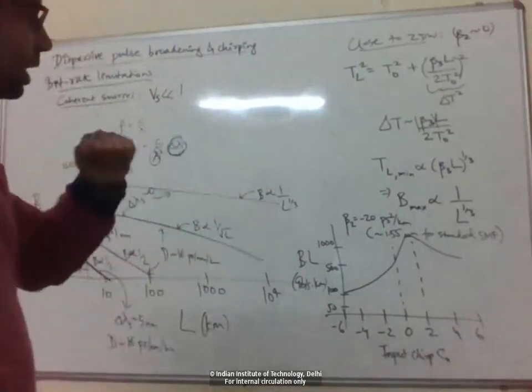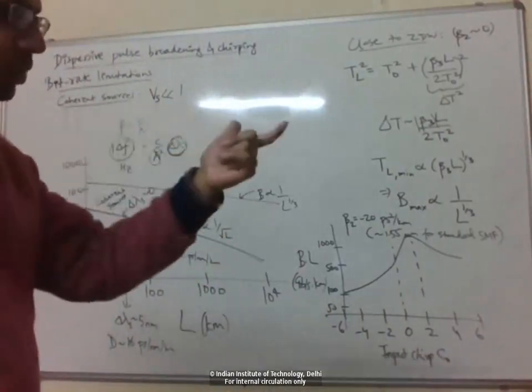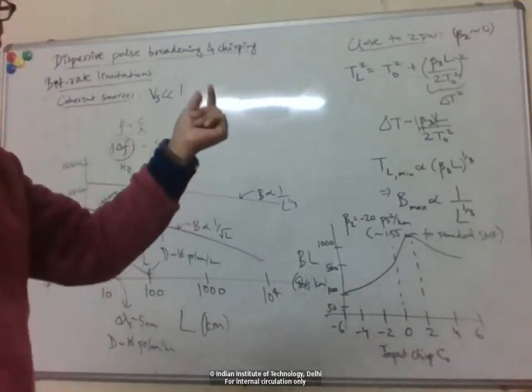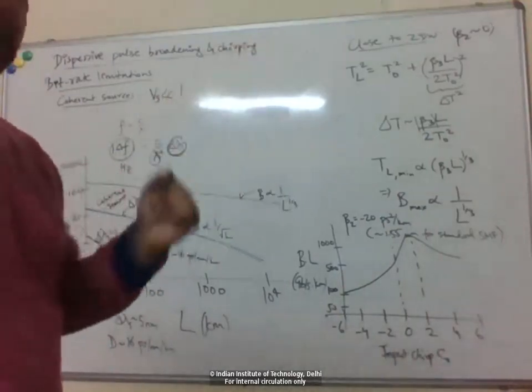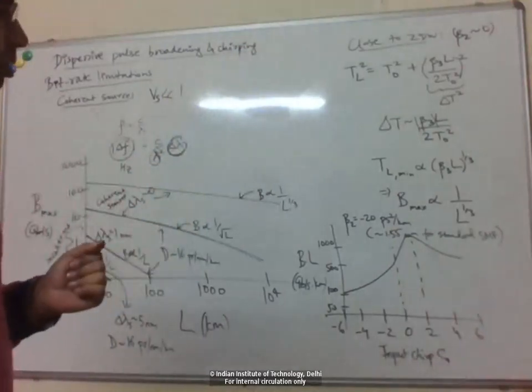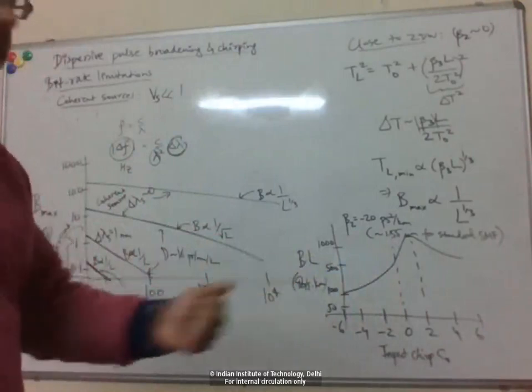Equivalently, recall that these phase factors go as beta 2 times L and beta 3 times L. So imagine you have some particular length of fiber with some beta 2 and beta 3.